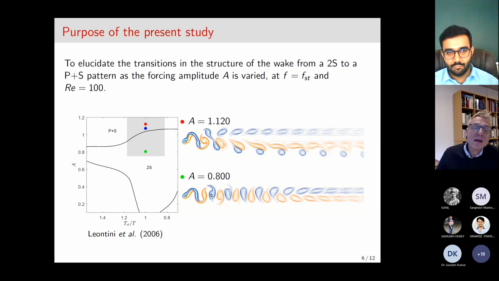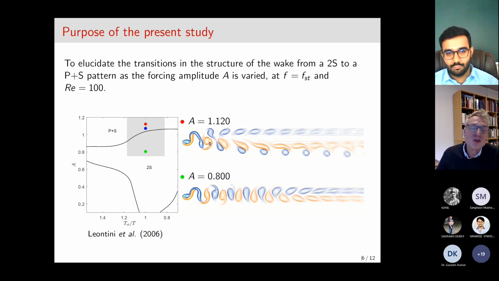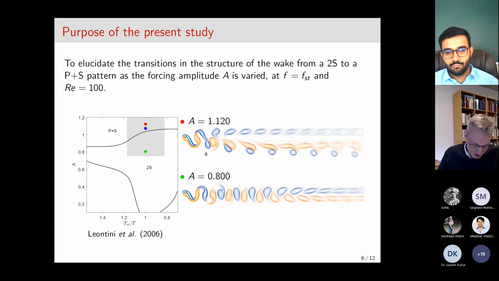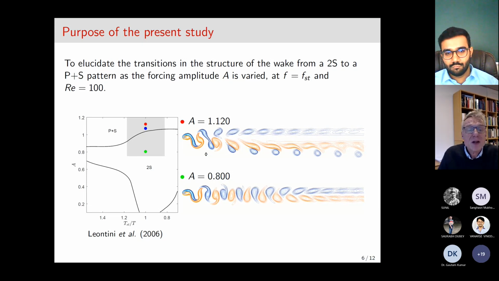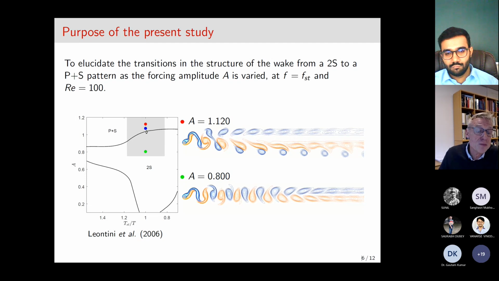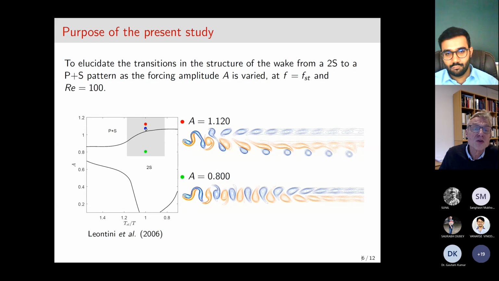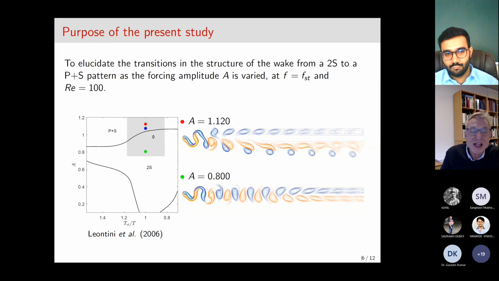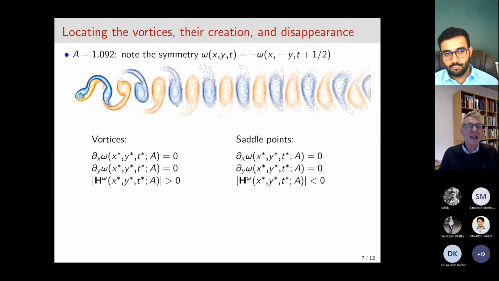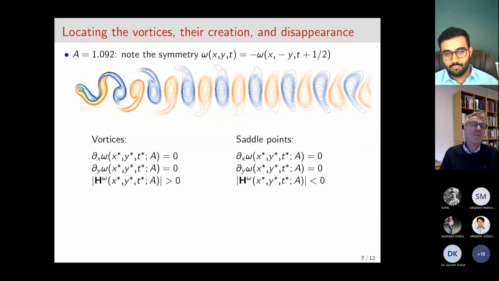So our computations here have reproduced this transition from one wake type to another. So let me get a little closer to this transition curve by Leontini et al. So let's go to the blue spot there. That's a parameter value I will study for a while here, and here we are.